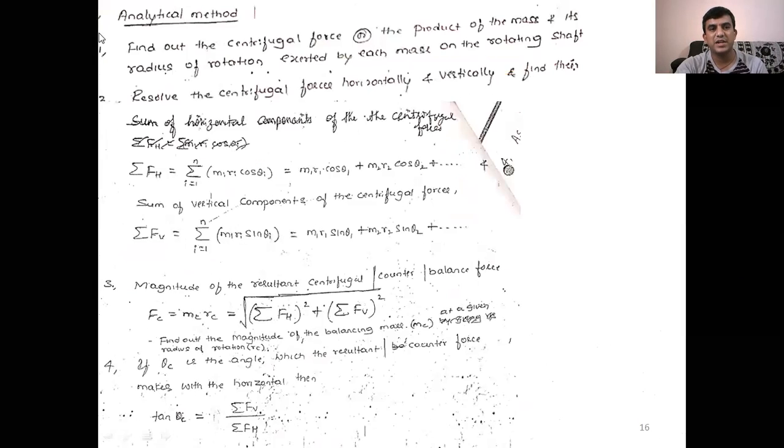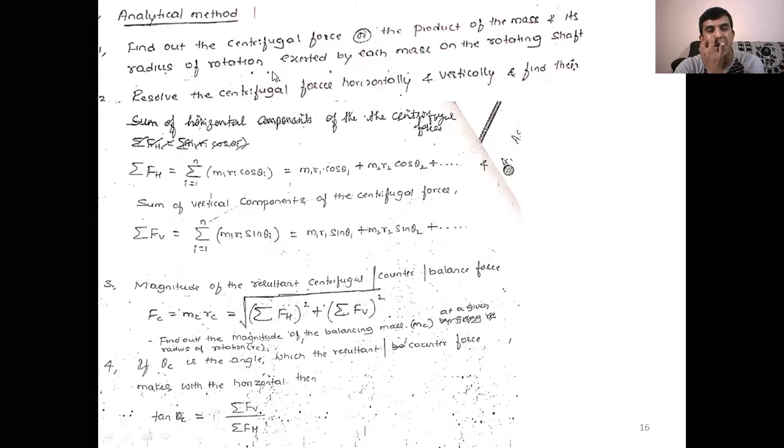What is the analytical method here? How do you determine the magnitude of the counter mass, it may be the mass or the radius of rotation, and then determine the orientation. First, find out the centrifugal force, or the product of mass and its radius of rotation. Don't consider the angular speed omega square in the calculation, because finally it will get cancelled.